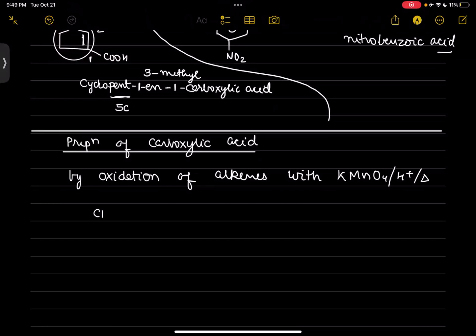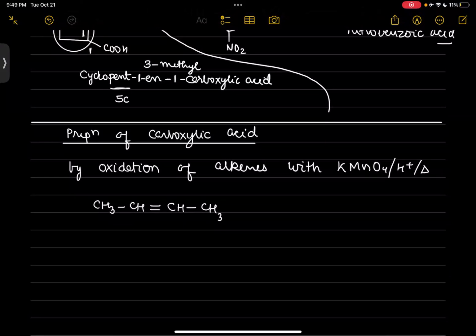Okay, so CH3, CH, CH, CH. This is the alkene. Okay, keep in mind the alkene should not have two carbon atoms, it should not be disubstituted on one carbon. Got it? So it should not be disubstituted. Is it clear?